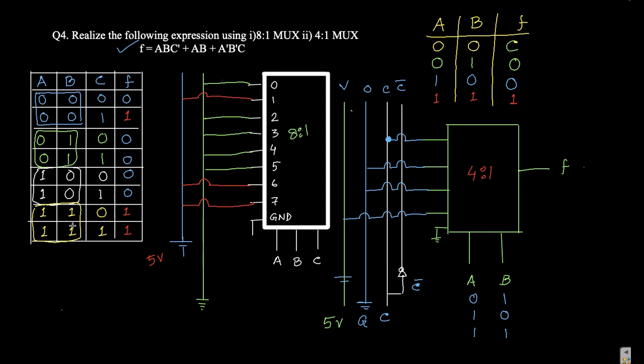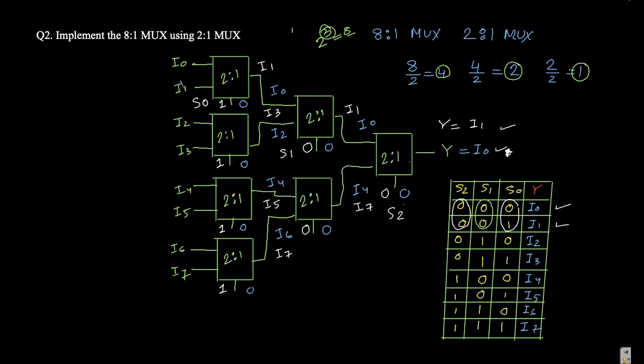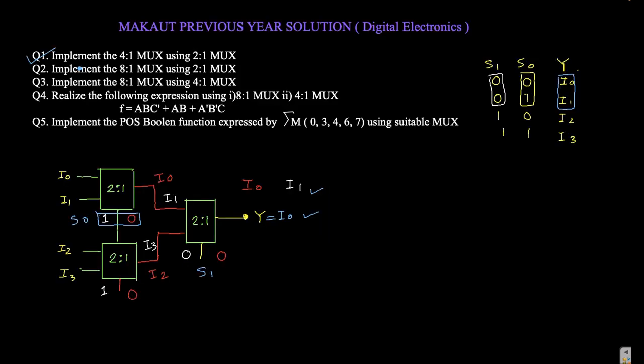Now going to the last question. That is, you have to implement one POS Boolean expression using 0, 3, 4, 6, 7.